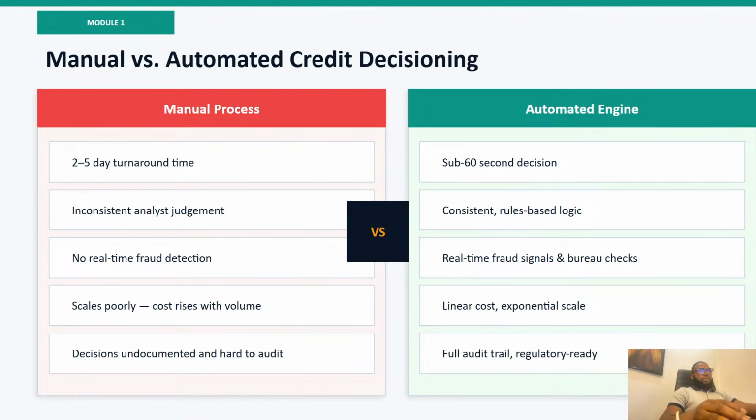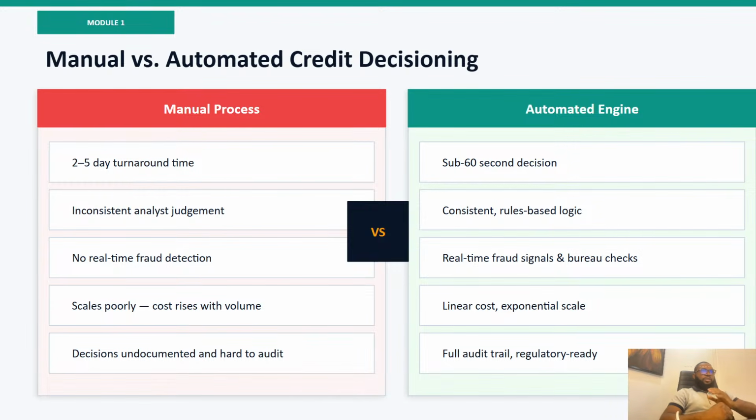But moving to automated engines, you can get decisions instantly in less than 60 seconds. And every decision, because it is driven by logic and algorithms, is actually consistent and rule based. And in terms of the fraud detection, it is real time because in the algorithms in these engines, there are fraud signals that have been embedded.